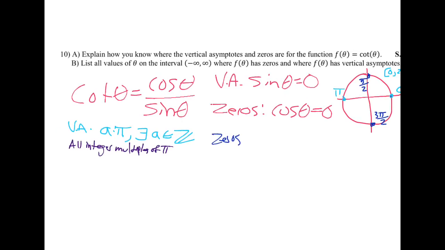Well, it's the same idea. We continue to do full revolutions around and hit those 2 points, but it's going to be a little bit different. This time the multiples need to be a times pi, but now we also need to add to that pi over 2.